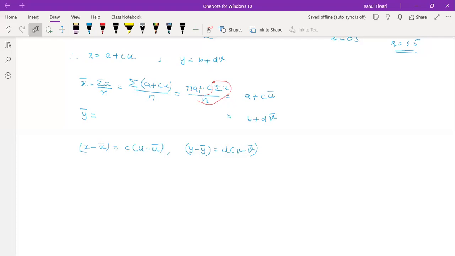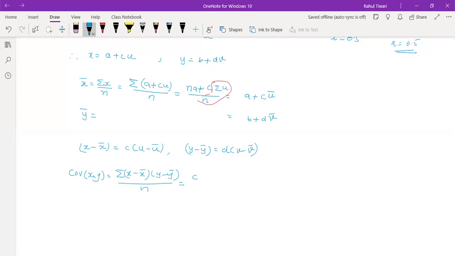Hence, what is the covariance of X and Y? Which is summation (X minus X bar)(Y minus Y bar) on N. Now, what is (X minus X bar)(Y minus Y bar)? You have already calculated it. You can substitute here. So क्या मिलेगा? C times, can you look at here?